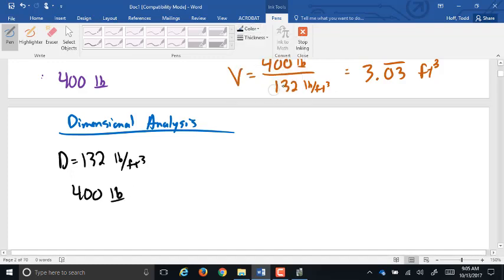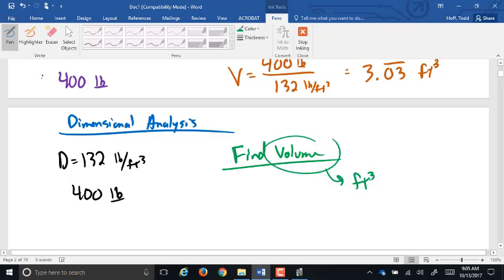I know I'm trying to find volume. What units is volume going to be in? Cubic feet, right? Cubic feet or cubic inches. Well, here in this problem, I have cubic feet. So my answer, I want cubic feet, and it has to be on the top of a fraction. It can't be on the bottom of a fraction. So I need to figure out some way to have that cubic feet be on top.